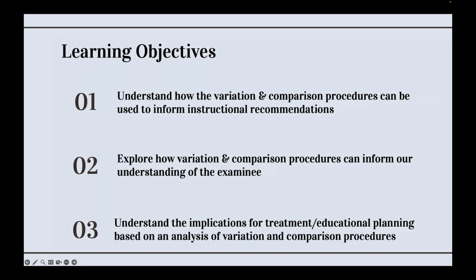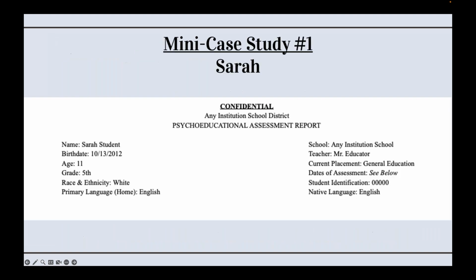And then I'll be mentioning some resources that you can use to engage in instructional planning or to narrow down what recommendations you might use based on the data from the variation and comparison procedures.